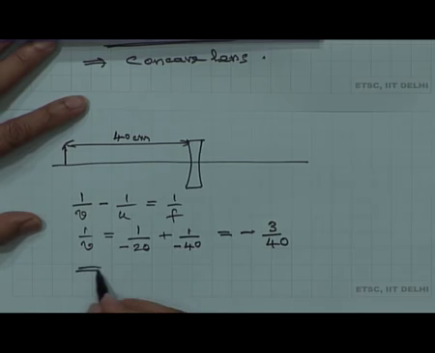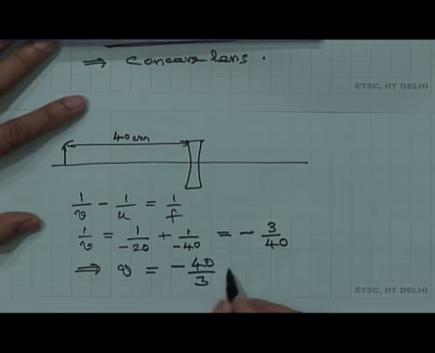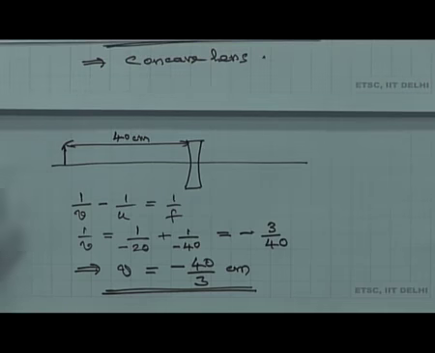This implies V is equal to minus 40 by 3 centimeters.